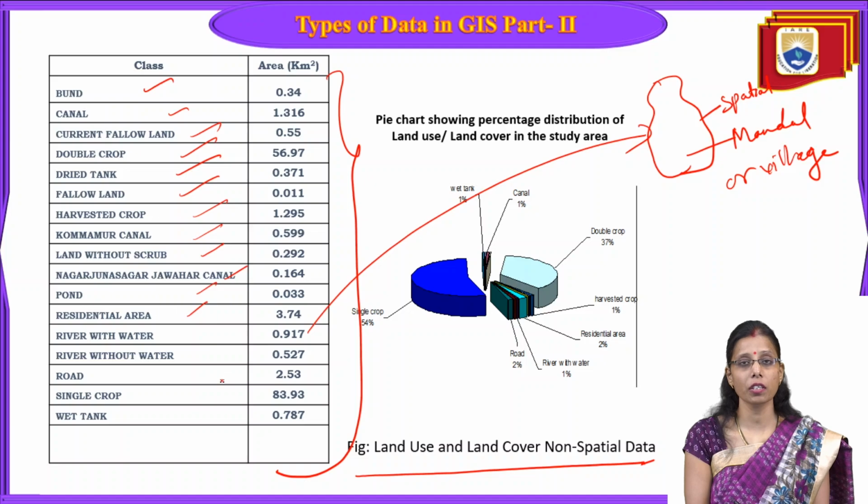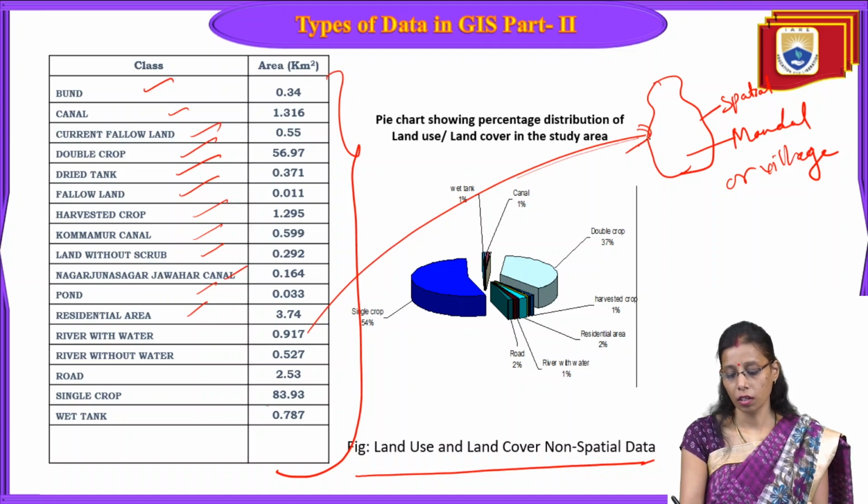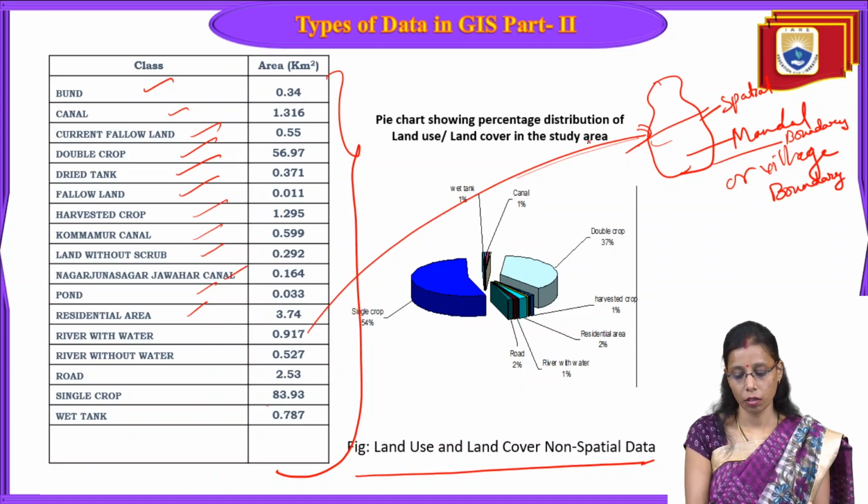This all information is non-spatial, and it is added to this spatial. This is spatial, meaning a mandal boundary or village boundary we can say. All this information is added to this boundary. So boundary is the spatial, and non-spatial is this entire information.